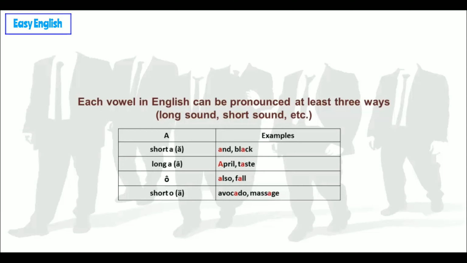The long A sound, as in April and taste. There is also the OR sound, as in also and fall. And it can also take on an R sound, as in avocado and massage.